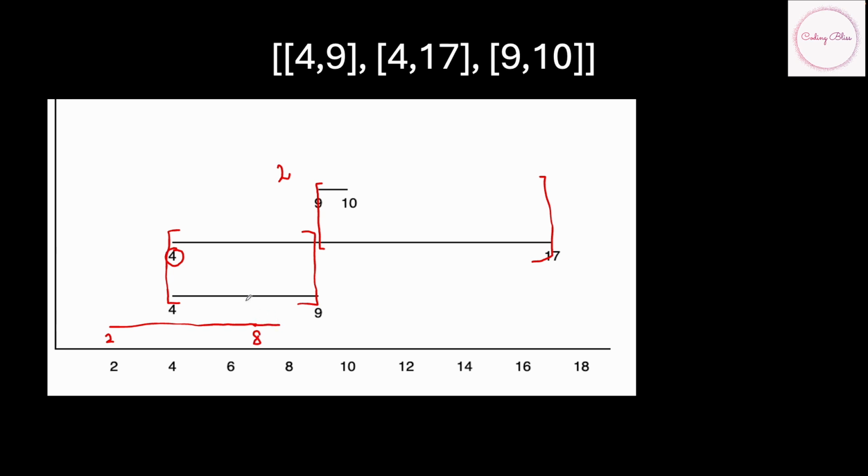In this case, when 4-17 comes in, I would ideally need 3 meeting rooms, because there is an overlap with this 9 and there is an overlap with this 8. So at that point, we have to look back at all the meetings which started before 4 and end after 4. So we'll have to keep looking back. If you take that approach, the time complexity will be order of n squared.